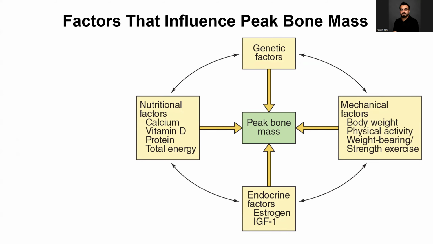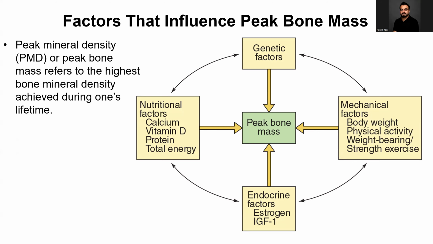There are different factors that can affect peak bone mass. Peak bone mass, or peak mineral density, PMD or PBM, refers to the highest bone mineral density achieved during one's lifetime.